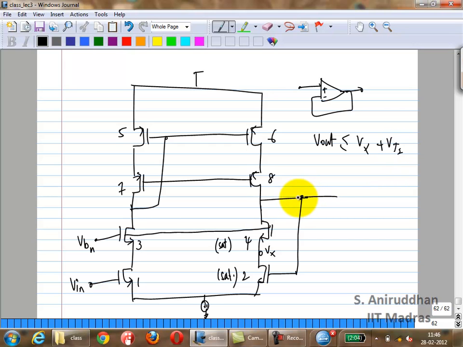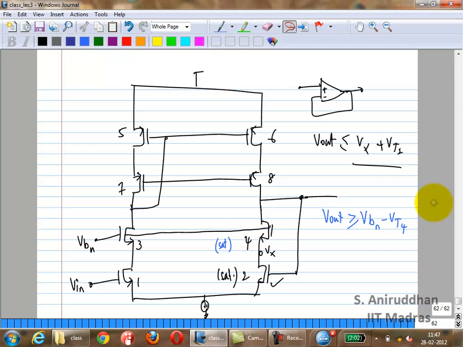So V out needs to be less than or equal to Vx plus Vt2, correct? That's for this guy, okay. The other condition is V out for this guy, V out should be greater than or equal to VBN minus VT4, right?